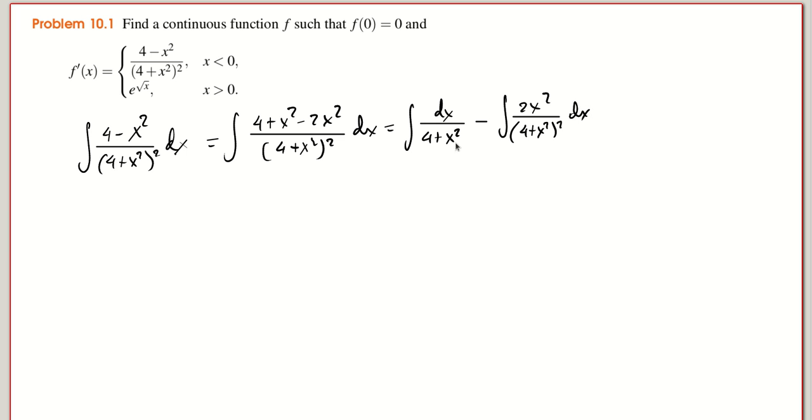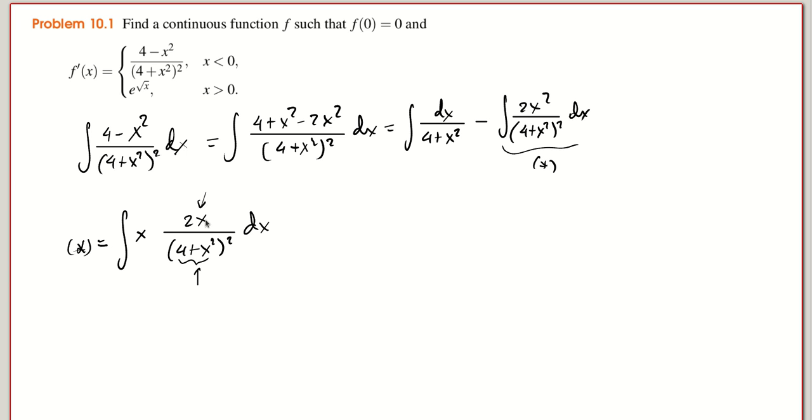Okay, this one is related to the arctangent, so let's focus on this one here, which is more difficult. So we have to do more work for this one. What we're going to do here is apply integration by parts, because if we separate out this x and write an x here and then 2x up here over 4 plus x squared, then we can realize that this numerator is the derivative of this denominator here.